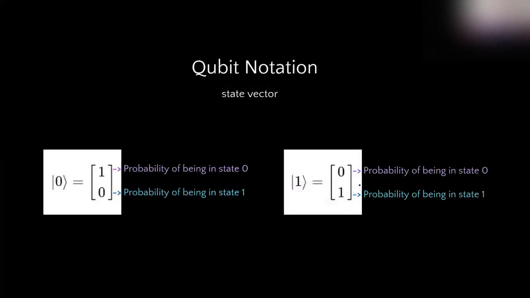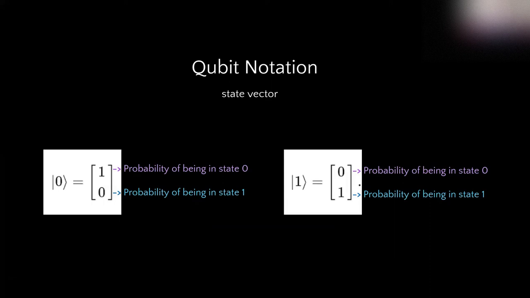So how are 0 and 1 represented in the form of a qubit? We use the qubit notation, which is basically a state vector. Again, this is a column matrix with a 1D size, and over here 1 is the probability of being in state 0 and 0 is the probability of being in state 1. We call this term ket 0, which essentially means that the qubit is 100% in the 0 state and 0% in the 1 state.